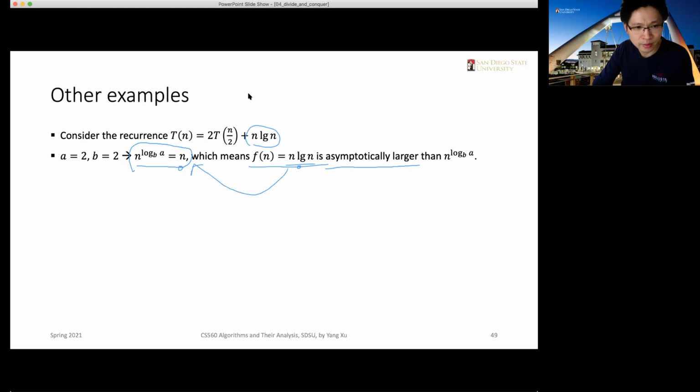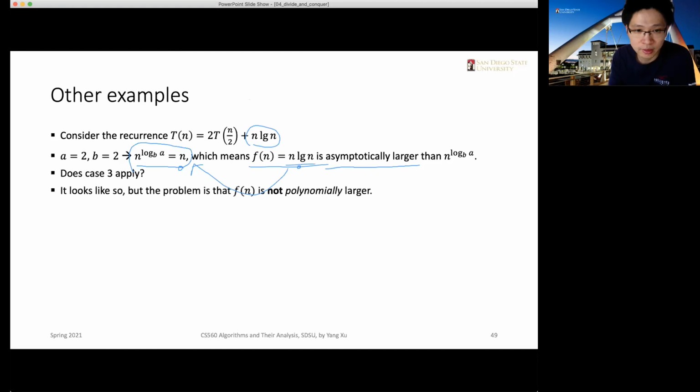But we need to think about whether case 3 actually applies. Case 3 requires that f of n should be polynomially larger. We need to find some epsilon to describe f of n, so that f of n is polynomially larger than the function, right?